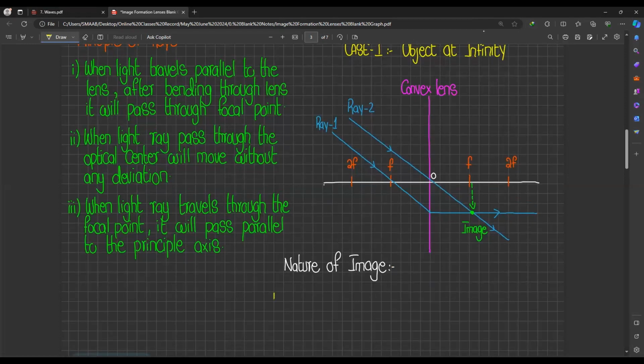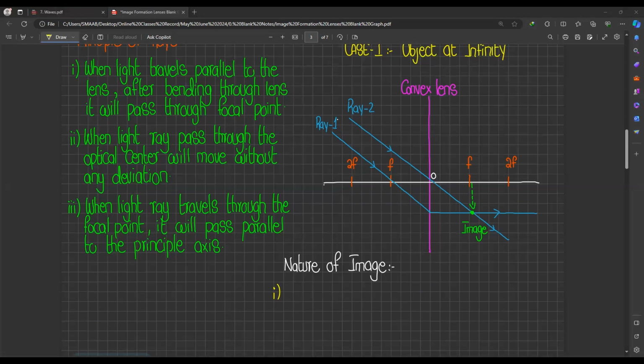Which one? We are getting the image over here with this green point. So is this image real or virtual? Good question. Real. So always remember, whenever you get an image on the screen, by the term screen, I mean that rays are coming from one side, so definitely the screen will be on the other side, just like when you place a projector.